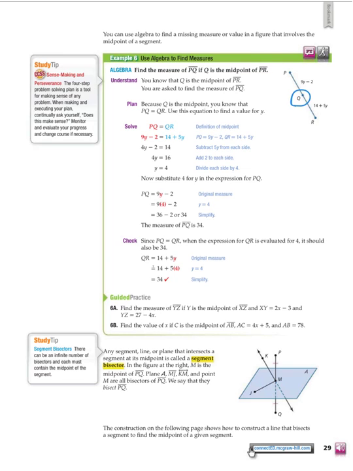So if it's right in the middle, that means that PQ is the same length as RQ, or they're congruent, they're equal, they're the same shape and size. So that means that my 9y minus 2 is the same measure as the 14 plus 5y. And you can see how they work it out.